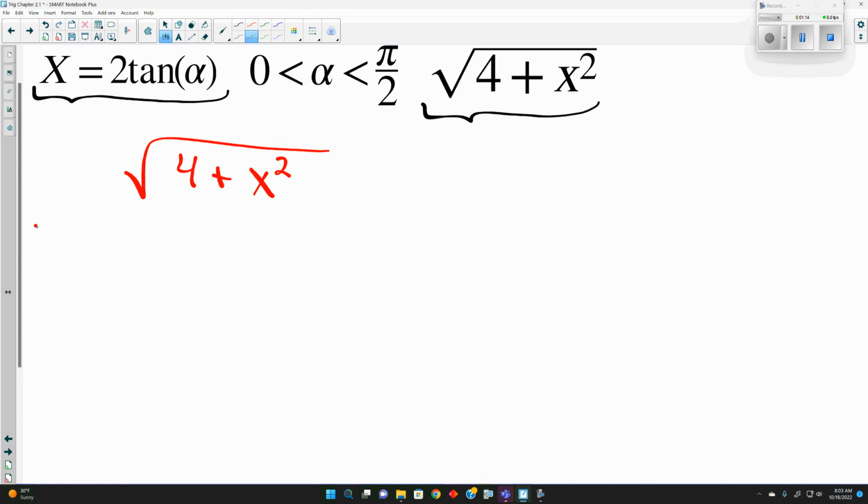Even though they look a little different, the x in x equals 2 times tangent of alpha and the x in this equation are the same. For some reason, the program decided to write it as capital X when I was putting it in, but they are the same. So to solve this, I'm going to replace x with 2 times tangent of alpha.